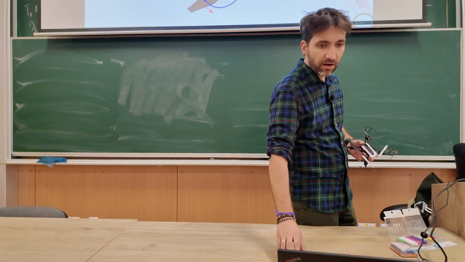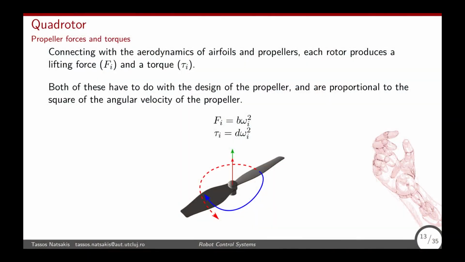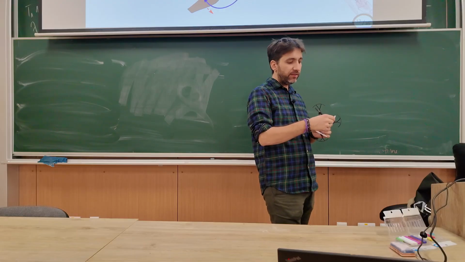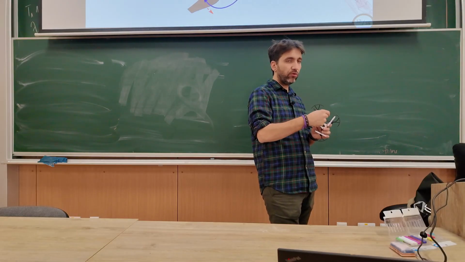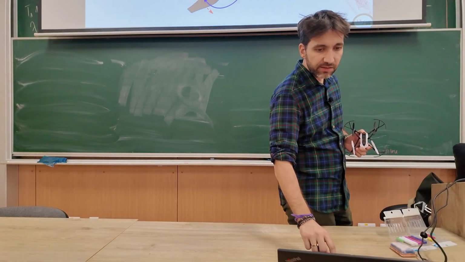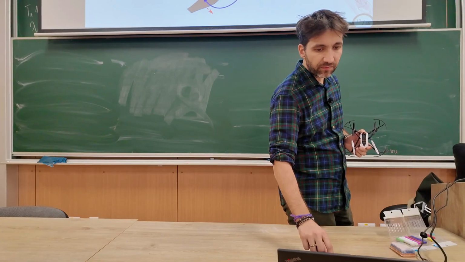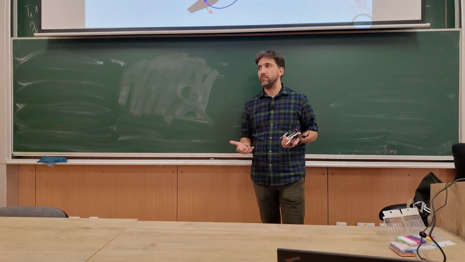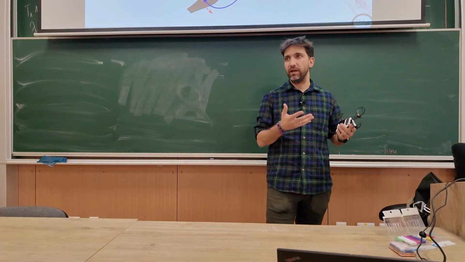Now, we said that the lift and drag are proportional, or anyway related, to velocity, and in the end we can calculate the lifting force and the drag torque for each propeller as b times angular velocity squared for the force and d times angular velocity squared for the drag. B and D are design parameters that have to do with the shape of the blade and whatnot.